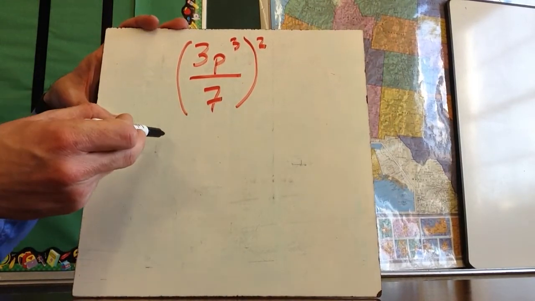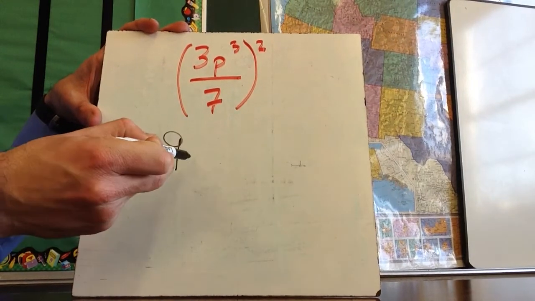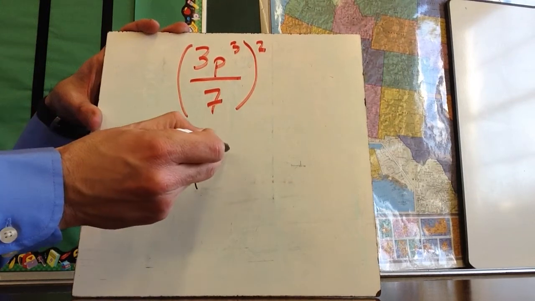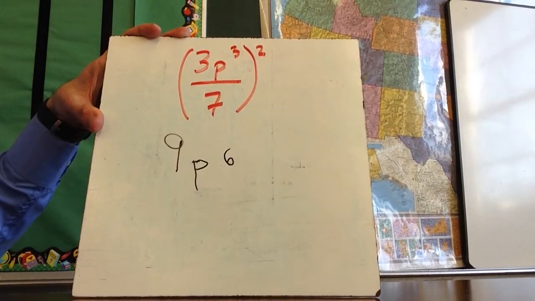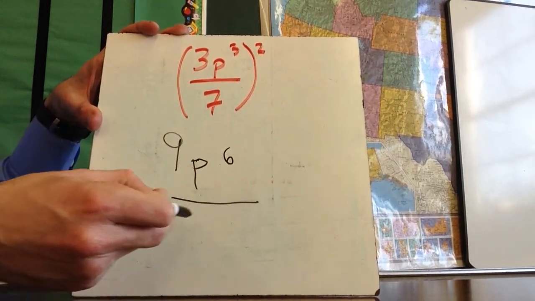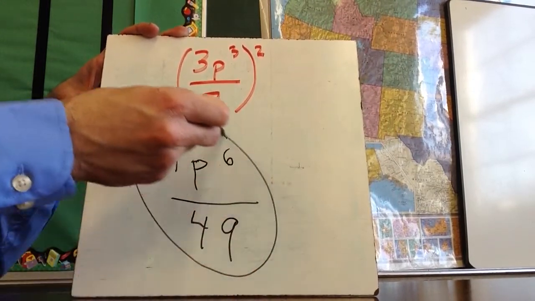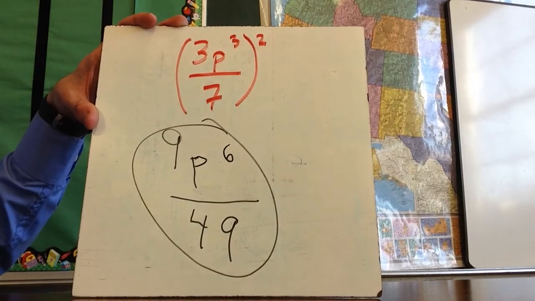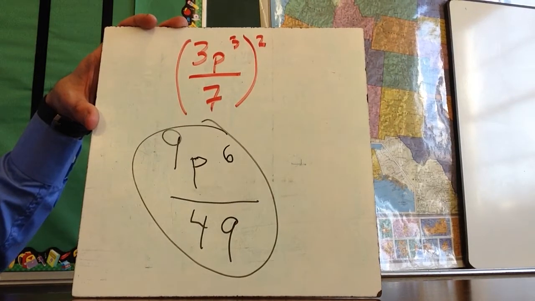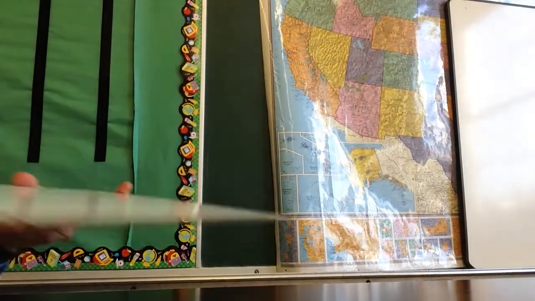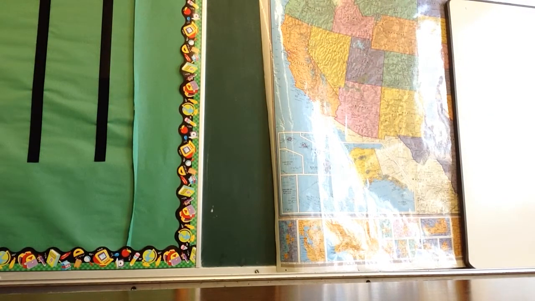So I'm going to take 3 squared, which is 9. I'm going to take p cubed squared, or p to the third squared, and this is p to the sixth, because I'm multiplying. And then 7 squared is 49. This is 9 p to the sixth over 49. So this squared works on everything inside of the parentheses. Keep that in mind when you get some of these fractions.